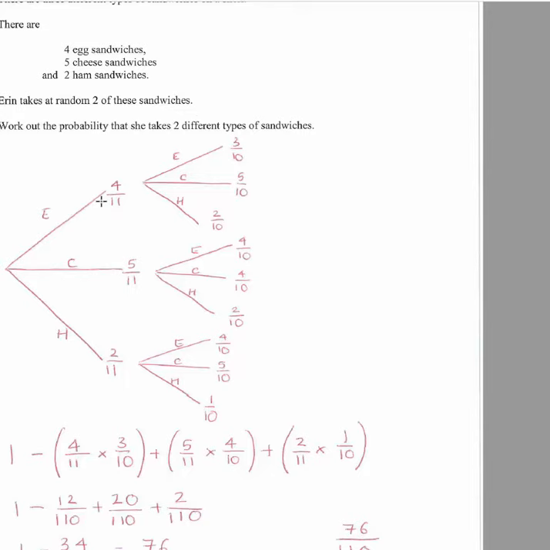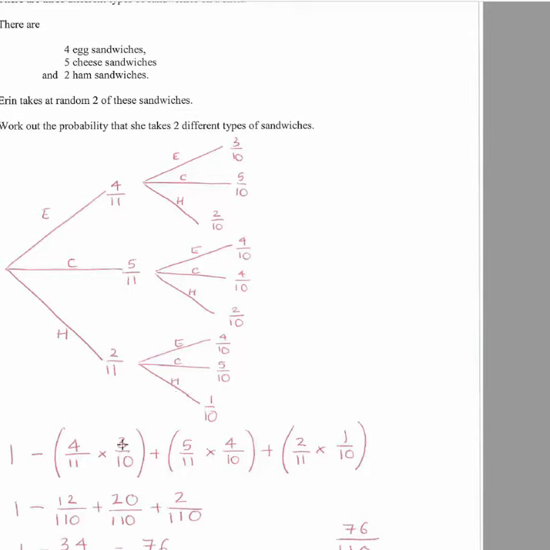So the probability that they're both egg is this probability times this. 4 times 3, 11 times 10. The probability that they're both cheese is this times this. Okay, cheese and cheese. Multiply the probabilities together. The probability of both ham is ham times ham, 2/11 times 1 over 10.